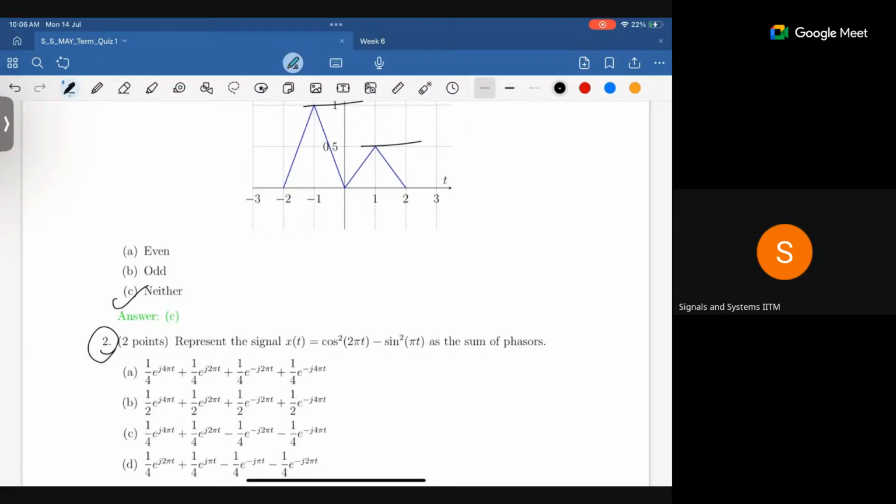Okay. So the hint for this is you just have to write cos square theta as 1 plus cos 2 theta by 2, right? And sine square theta we can write as 1 minus cos 2 theta divided by 2.